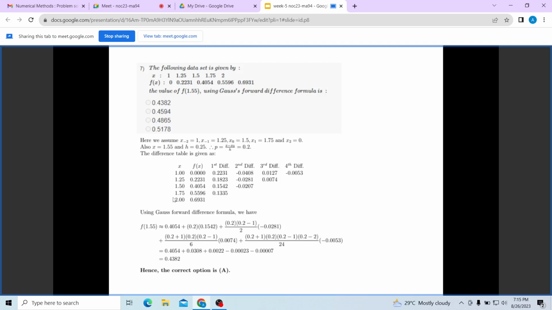I hope you have got the difference table. Now simply substitute the values of p and the forward difference terms in the Gauss forward difference formula.